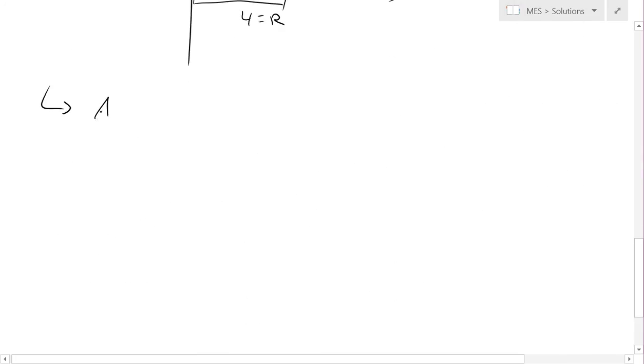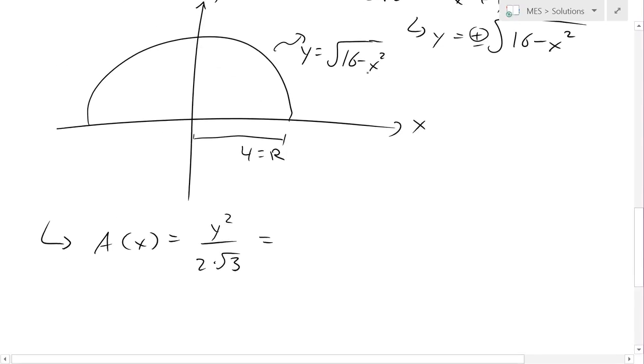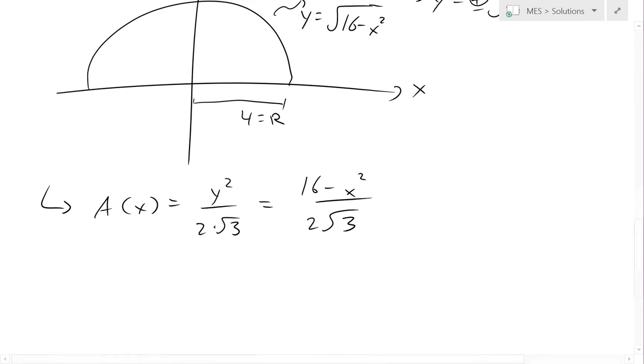So we get A of x equals y squared over 2 times square root 3. Well, we just plug in square root of 16 minus x squared, but there's a squared here, so the square root cancels. So we'll just have 16 minus x squared divided by 2 times square root 3.